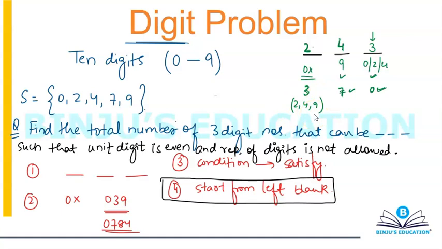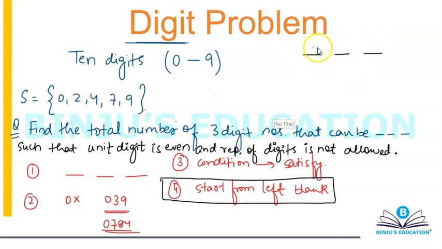So 0 will create a problem for me. So whenever you have a condition and 0 is a part of that, then always try to make separate cases for 0. Okay. So let's take up 2 cases.